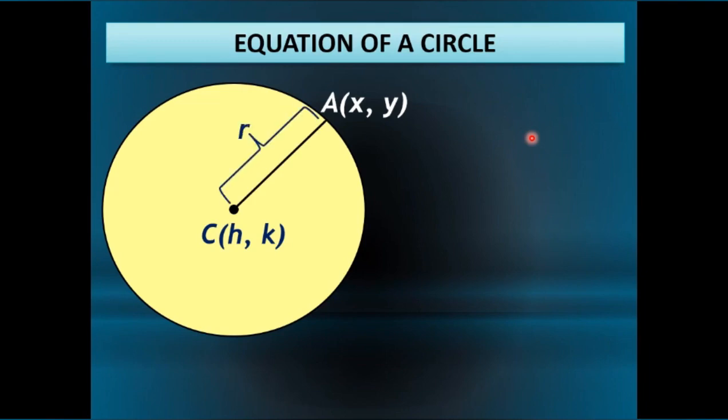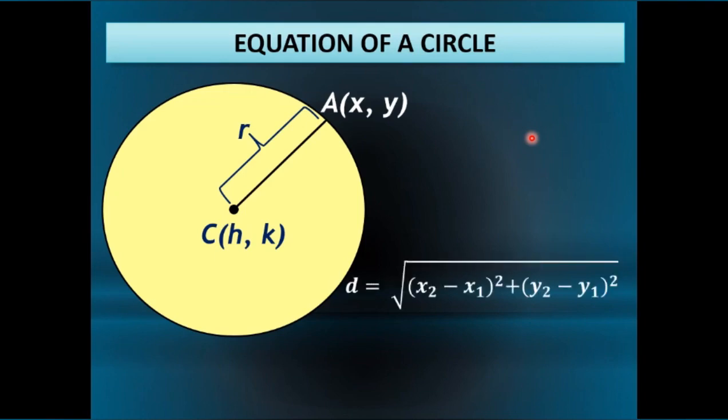Now, finding the distance or the length of this given radius, we use the distance formula. So again, that is the square root of the quantity x sub 2 minus x sub 1 quantity squared plus the quantity y sub 2 minus y sub 1 quantity squared.